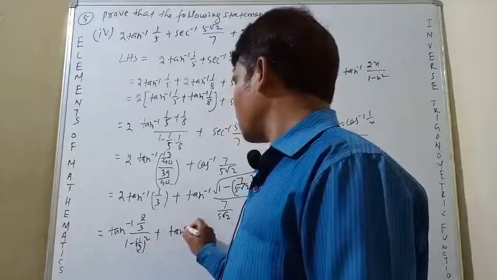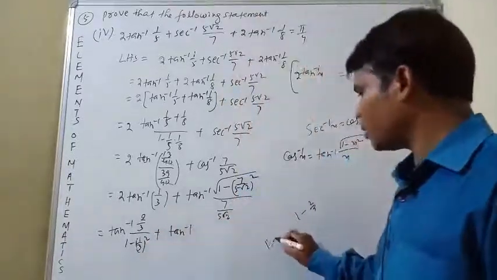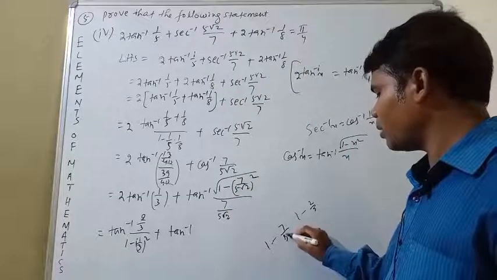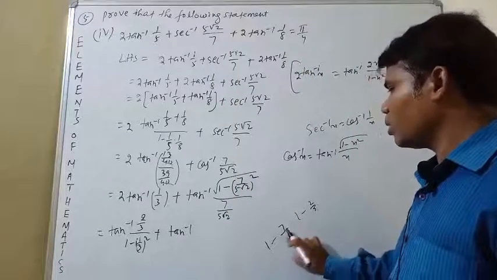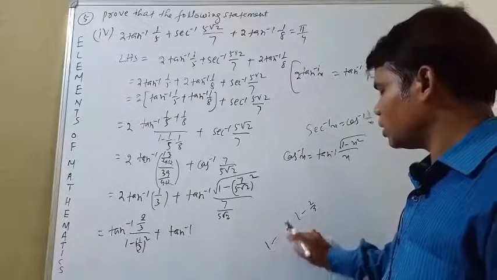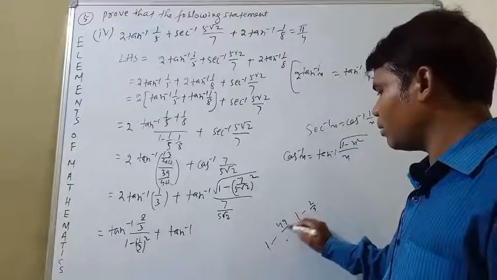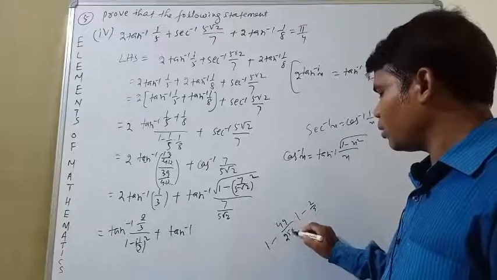Plus tan inverse. This is how much? 1 minus 7 by 5 root 2, this is 1 minus 49 divide 25 into 2.